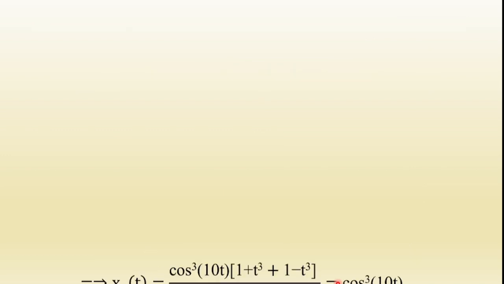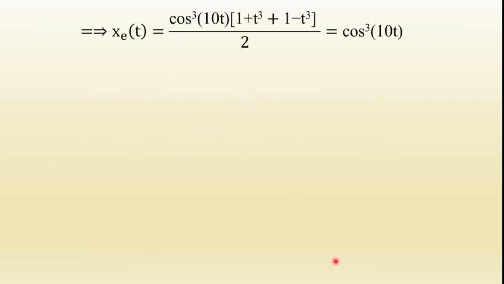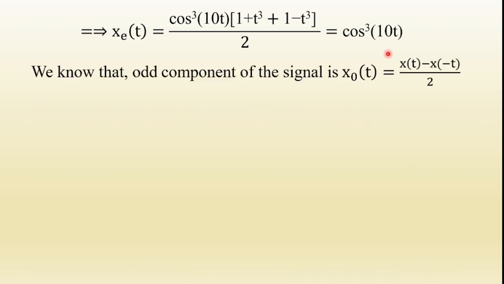Take the common cos cube of 10t, into the remaining bracket term 1 plus t cube plus 1 minus t cube, divided by 2. In the numerator, plus t cube minus t cube is cancelled, 1 plus 1 is 2, and numerator and denominator 2 cancel. We get the even component of the signal as cos cube of 10t.